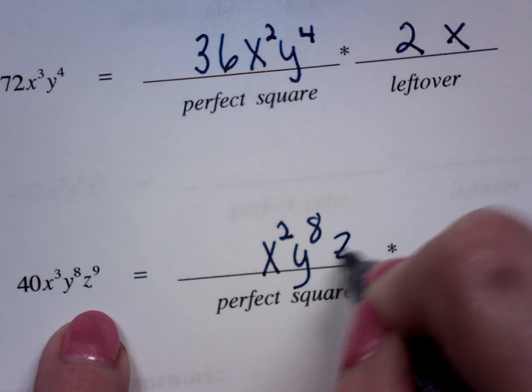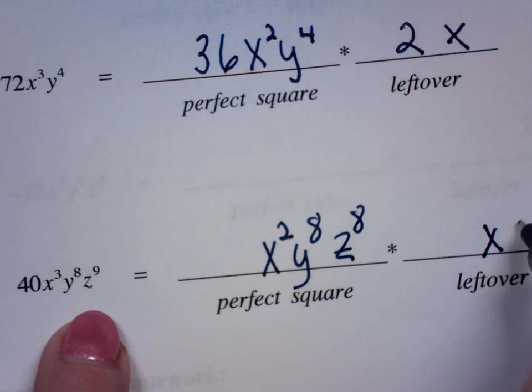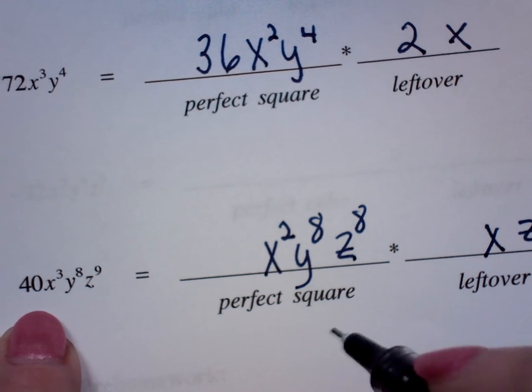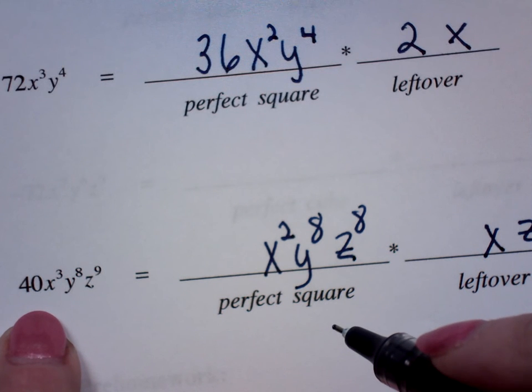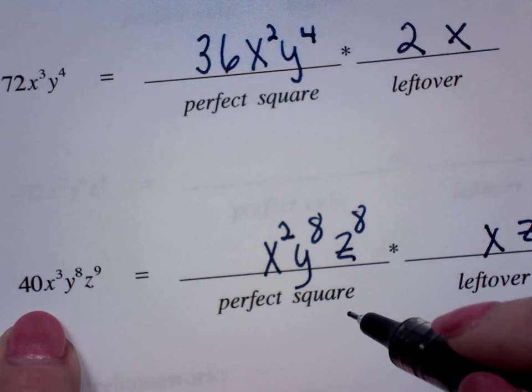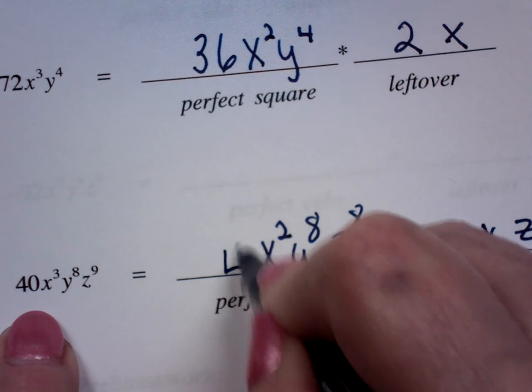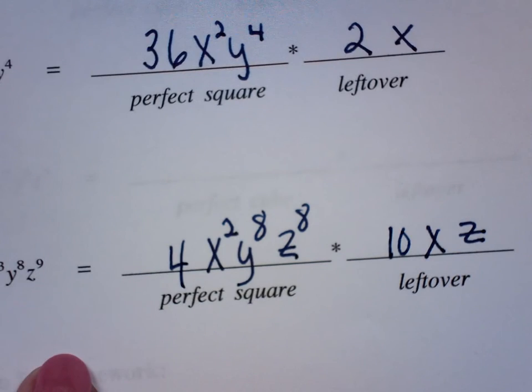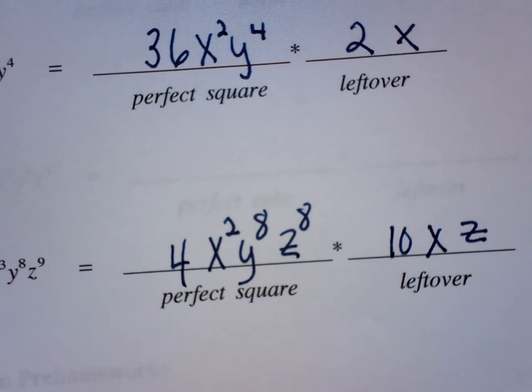So it's Z to the 8th, and 1 is left over. What's the square in 40? Take a look at it. 36, no. 25, no. 16 doesn't divide 40. 9 doesn't divide 40. So it's 4, and then what's the leftover? 10.